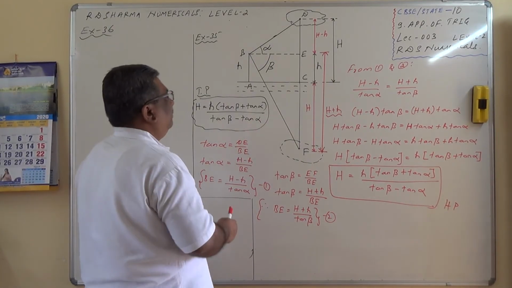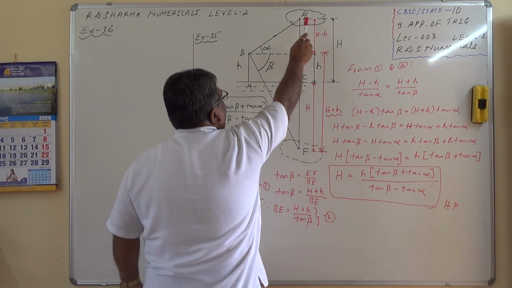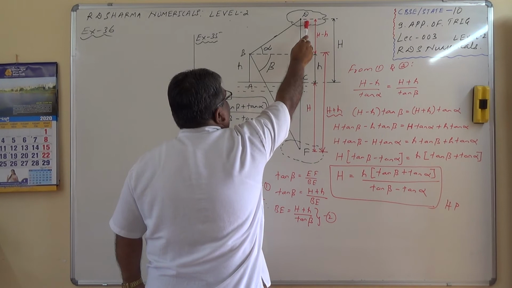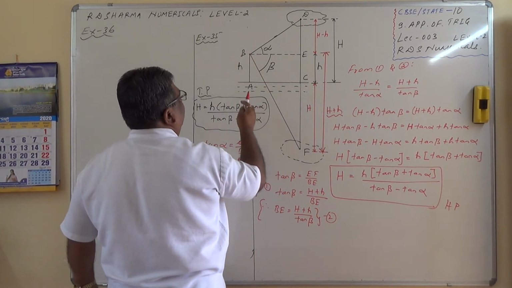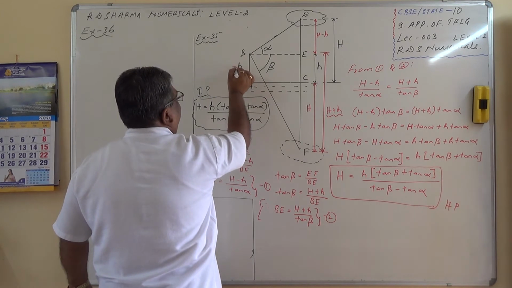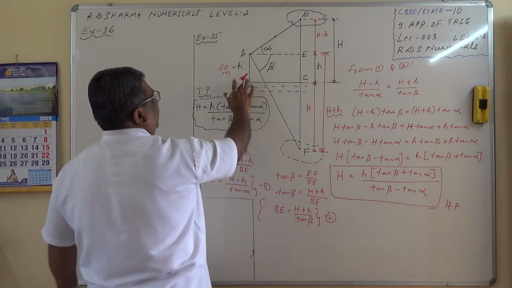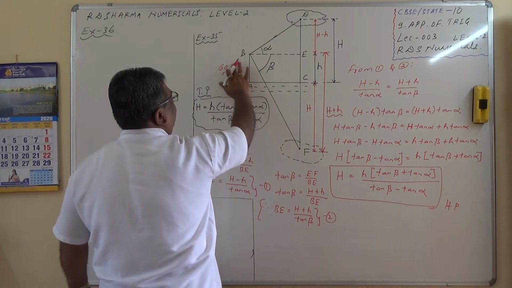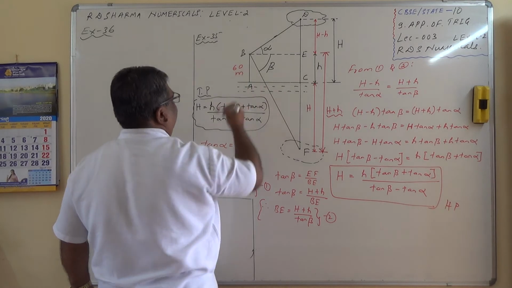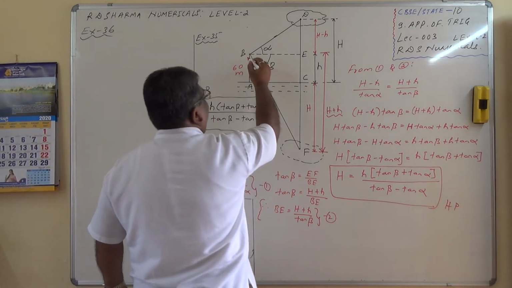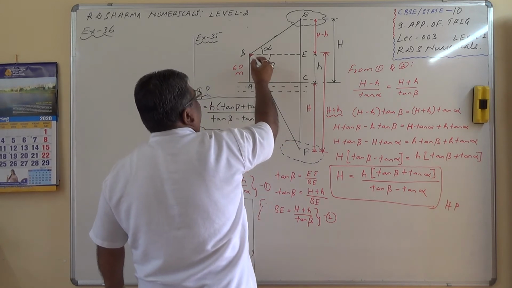Same diagram. We are observing the angle of elevation of the cloud from this point where the height is given as 60 meter. So I am not using small h here; I can simply say this is 60 meter.